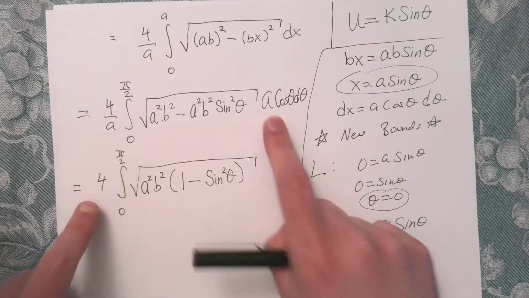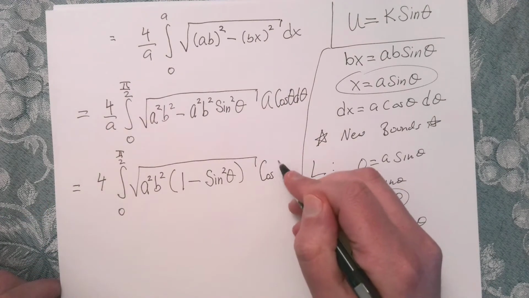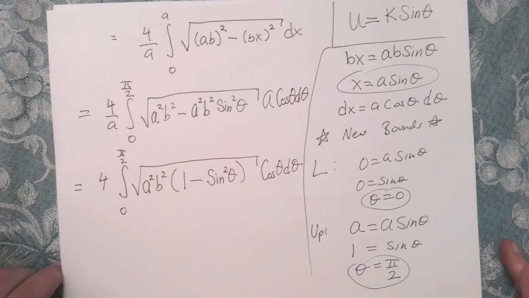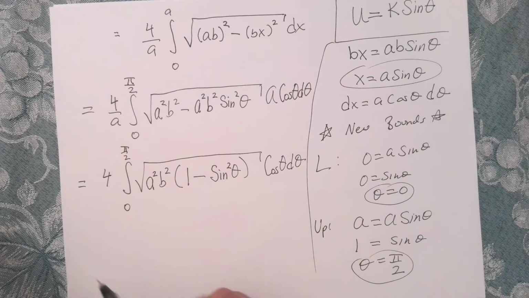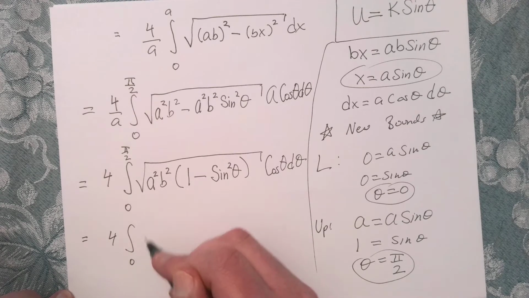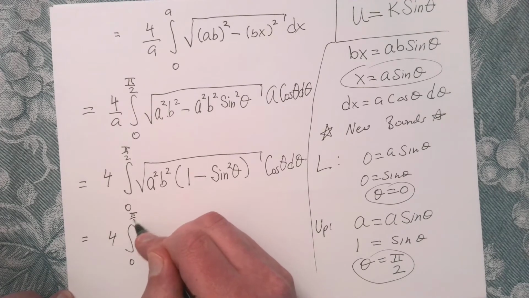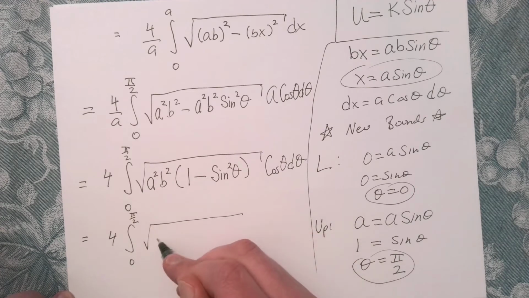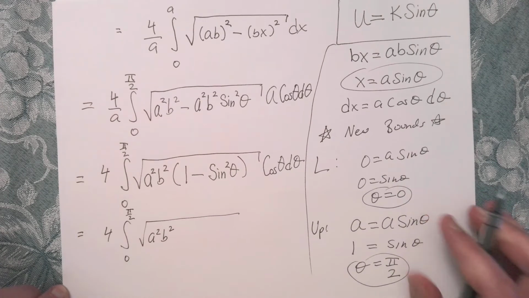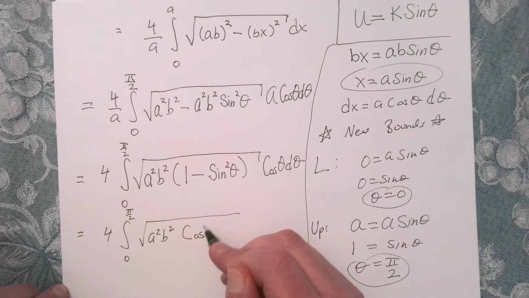Again, remember the a's canceled, so I just have this cosine of theta d theta here, so that seems nice. And then let's see what we have here. So we've got 4 times the integral from 0 to pi over 2. And by our Pythagorean identity, we know that 1 minus sine squared of theta is exactly cosine squared of theta.